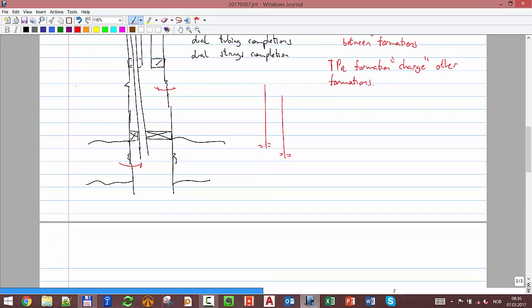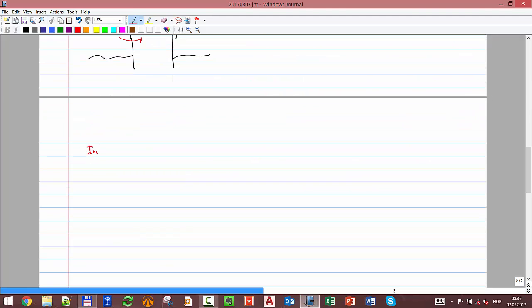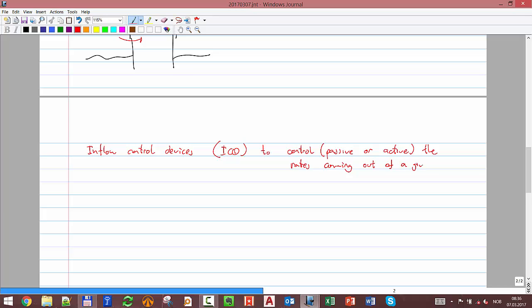So with that idea in mind, that the things can be very different, that branch can be very different to that branch, can be very different to all of these formations, we can use something called inflow control devices, okay, ICDs, that allow us to control, in a passive or active way, the rates coming out of a given formation, or of a given section.